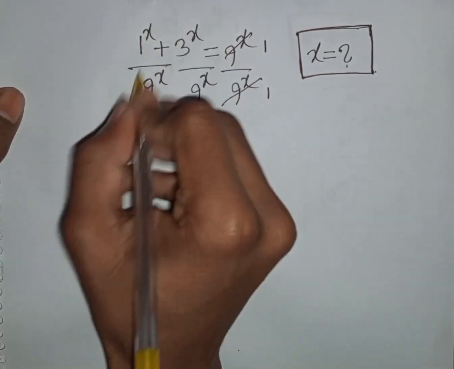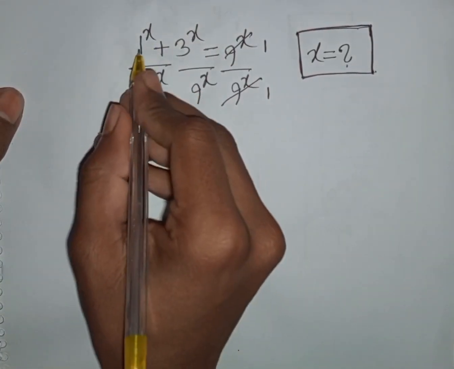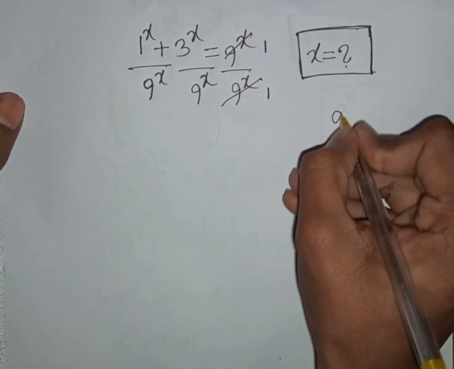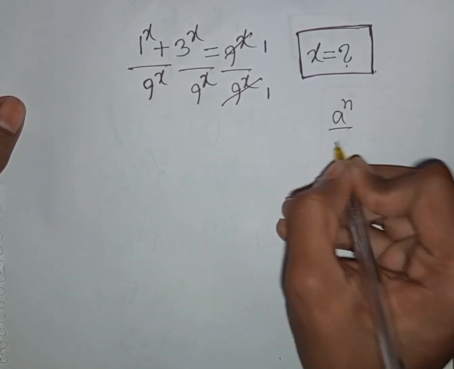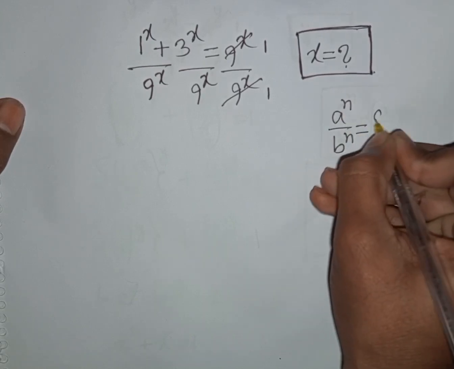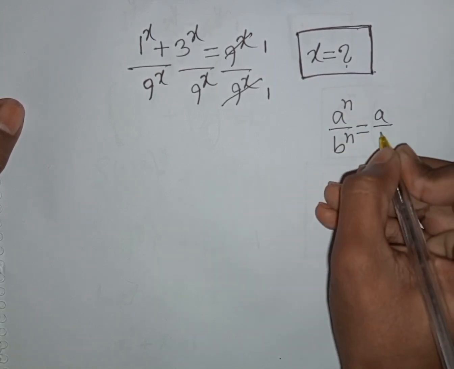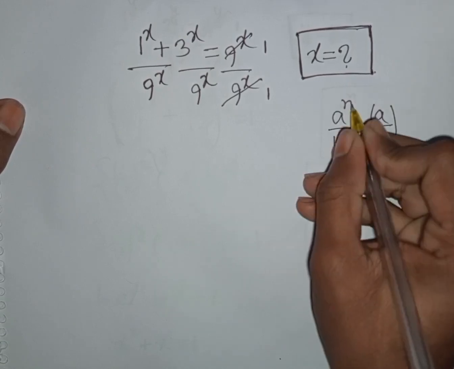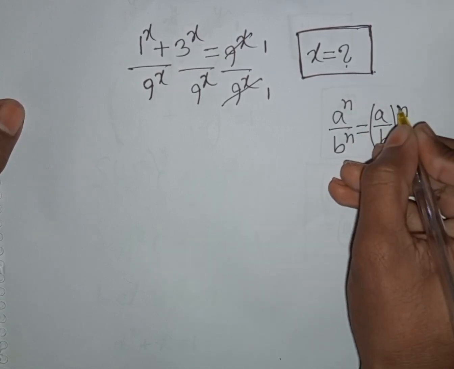Now from here we see x is the same power but a different base. So according to this formula, a^n over b^n is equal to (a over b)^n, with common power n.